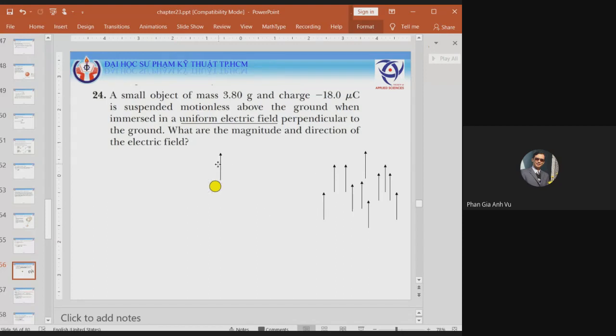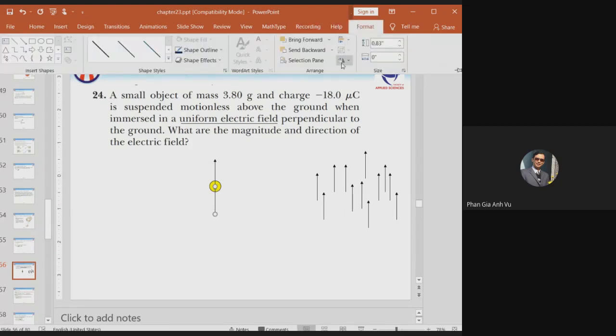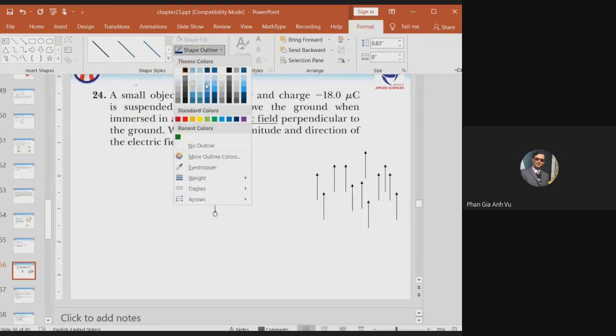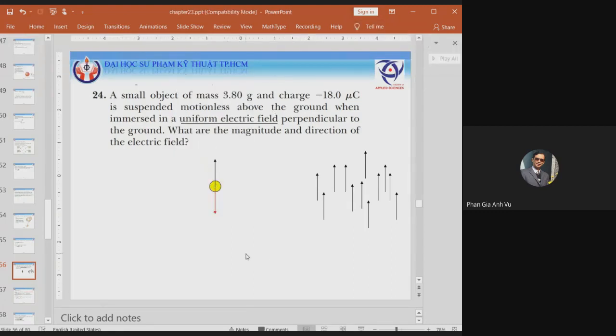It means the electric force and the gravitational force cancel out. First of all, this is the gravitational force. I rotate it. And this is the electric force, the red color. This is the gravitational force and this is the electric force. They have the same magnitude but opposite direction.